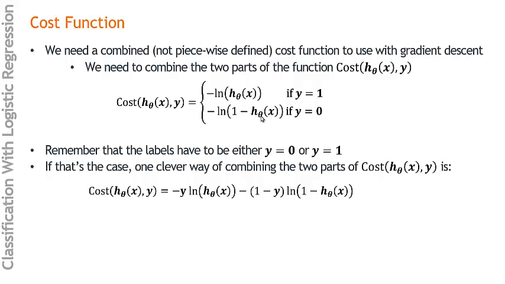And you can see when y equals 1, it will choose the first condition, and the second part will go away. When y equals 0, then this part will be zeroed out, and it will choose the second condition. So this expression here is equivalent to these two conditions here.